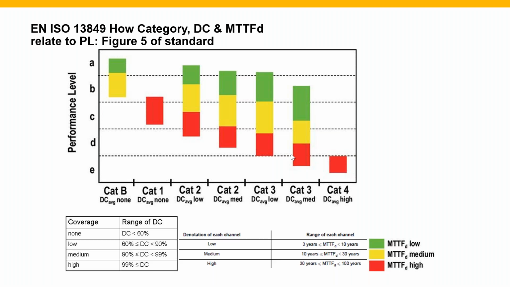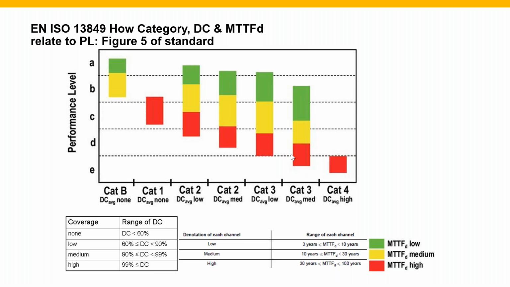You can see from the colours that dictate the MTTFDs, and the position of them, what the category circuit is and whether it's got diagnostic coverage or not. And you can see it is possible with a Cat 3 architecture and high MTTFD and medium diagnostic coverage to achieve performance level E. But generally, if you're going to go for that, it would be Cat 4 with high diagnostic coverage.